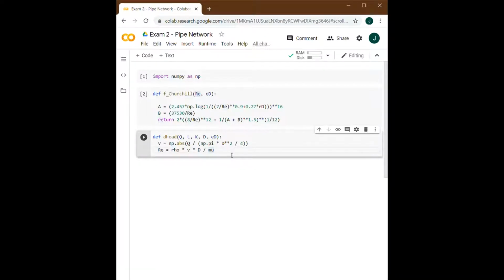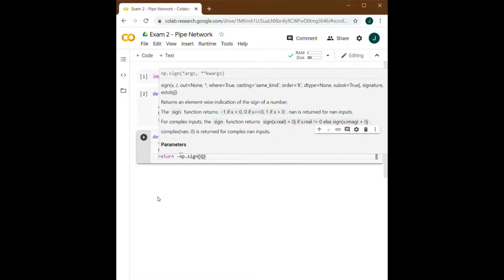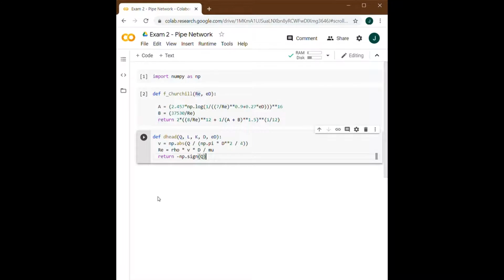Okay? And then once we have our velocity and our Reynolds number, we can finally calculate our change in head. According to our equation for head drop, we're going to have negative Q, which we show by negative numpy.sign(Q) to make sure that negative gets there.